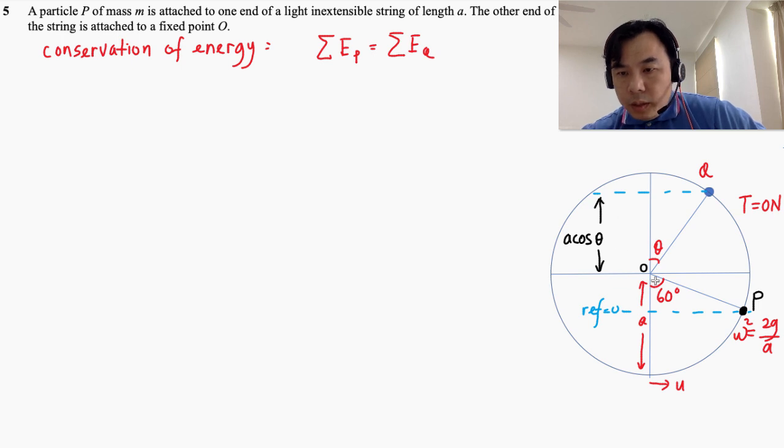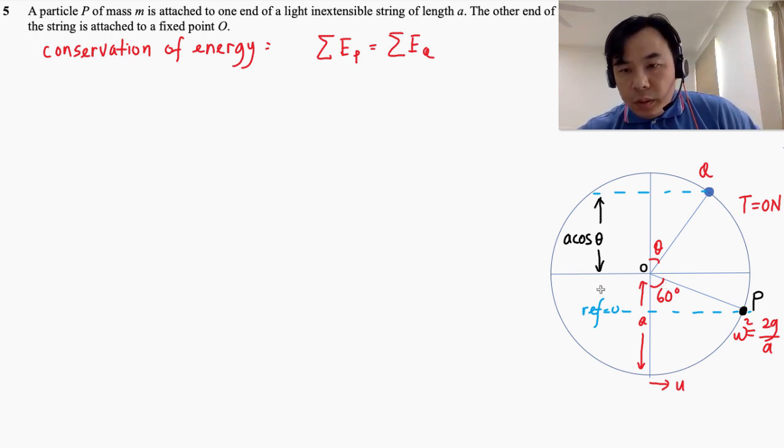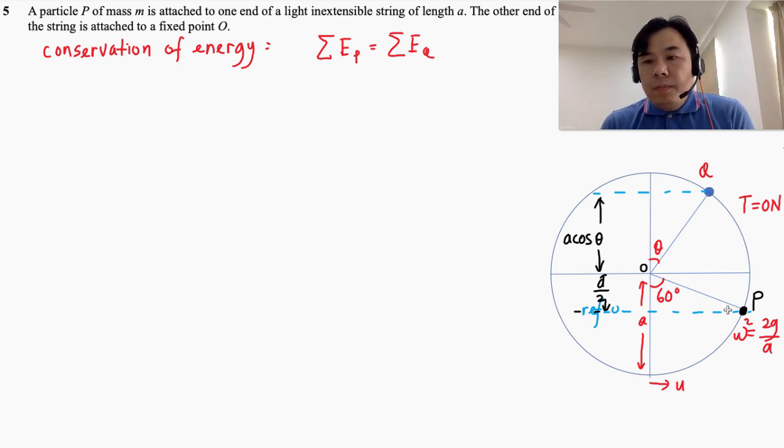And then this small section here is A cosine 60. You know that A cosine 60 is half, so here I just put it down easily: it's just half of A. So I hope that's clear.